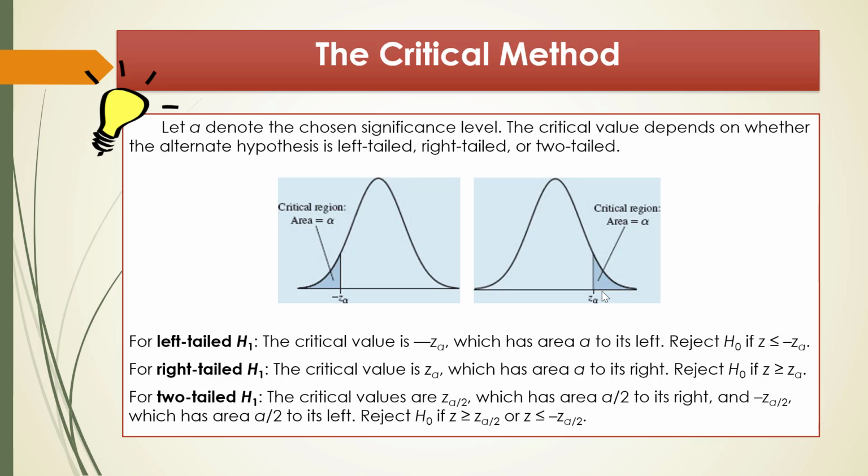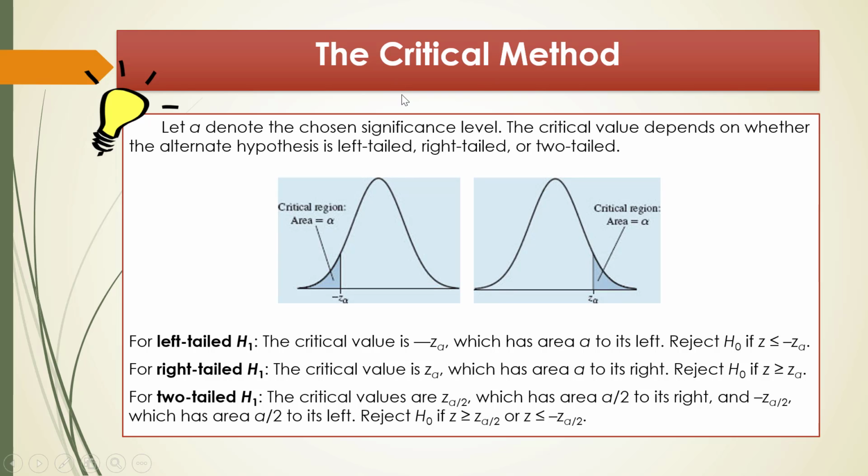And for two-tailed, if the value is far away from the center on both sides, that value is said to be unusual. Here, alpha is the significance level. Remember when we learned about unusual events, if the probability of an event is less than 0.05, we said the event is unusual.